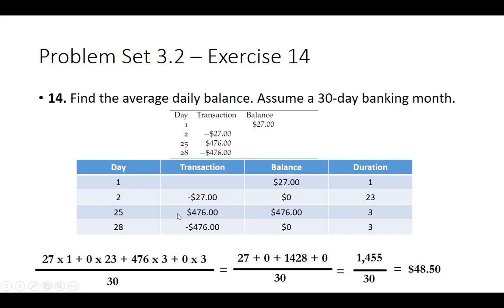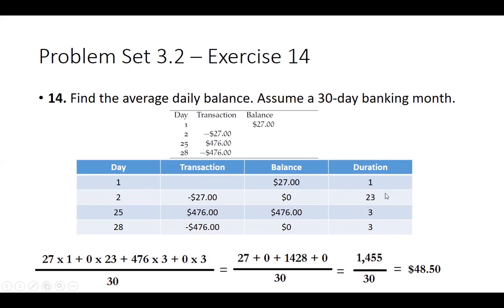On day 25, there was a transaction of $476, giving us a $476 balance, and stayed that way for 3 days, day 25, day 26, and day 27. On day 28, that $476 was paid off, leaving a $0 balance, and it stayed that way for 3 days, day 28, day 29, and day 30.